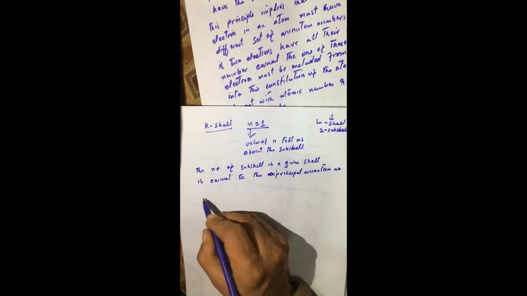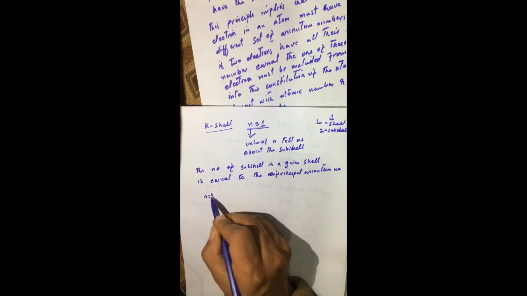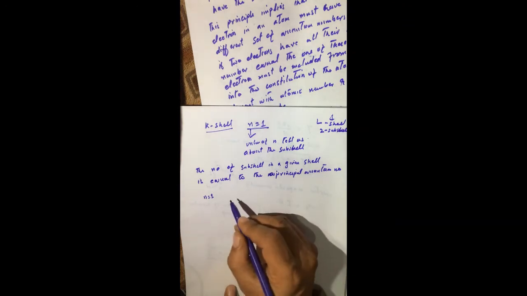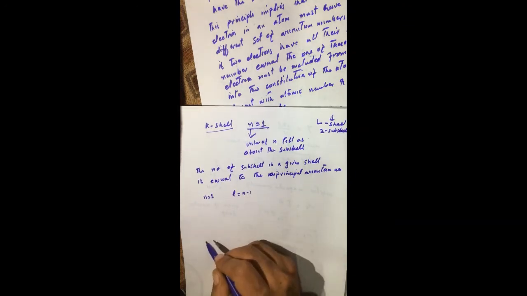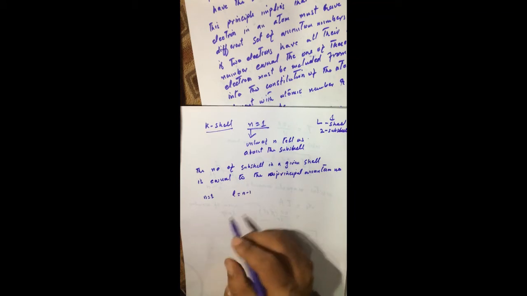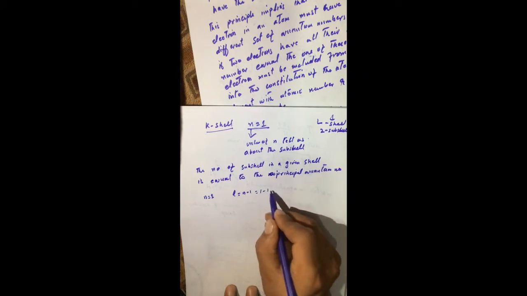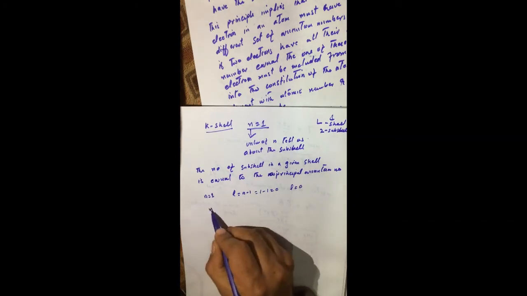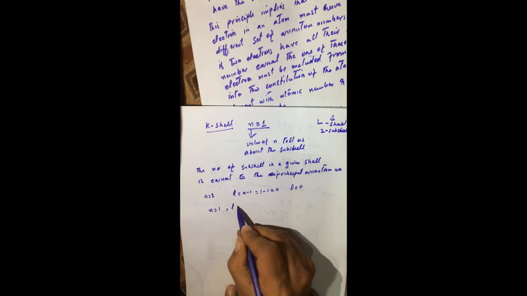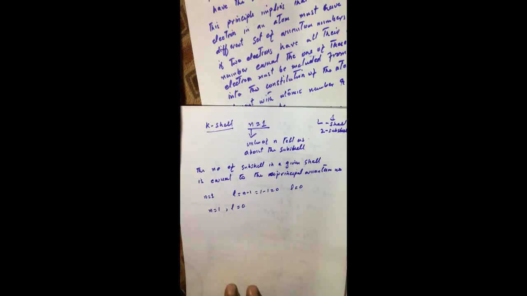Because if n is equal to 1, l can have how many values? n minus 1 values, which is 1 minus 1, which is equal to 0. So l is equal to 0. Like for n equal to 1, l has only one value, which is 0.